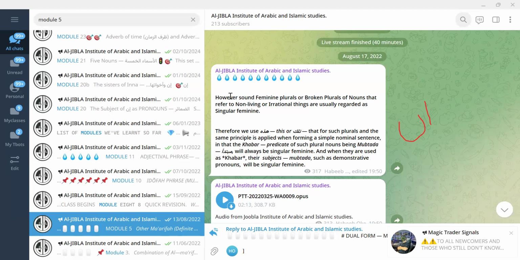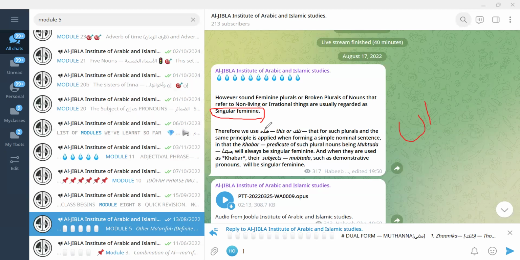This is underlined. Truly they are plurals, but because they are irrational, non-living things, you treat them as a singular feminine. Now let's look at some examples. So in that case, you use هذه.